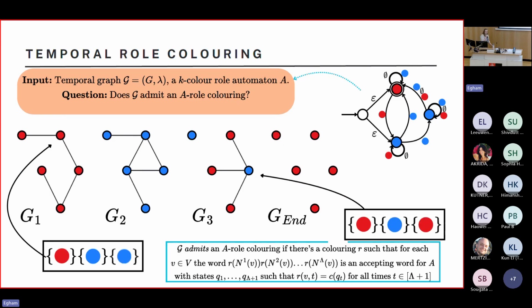And I'll talk you through a couple of the vertices to try and convince you that it is. So this vertex here, this is the word of its neighbors. You can see that at time 1, all of its neighbors are red. At time 2, all of its neighbors are blue. And at time 3, all of its neighbors are blue. And then it moves through the automaton, first on the epsilon transition to this red state.